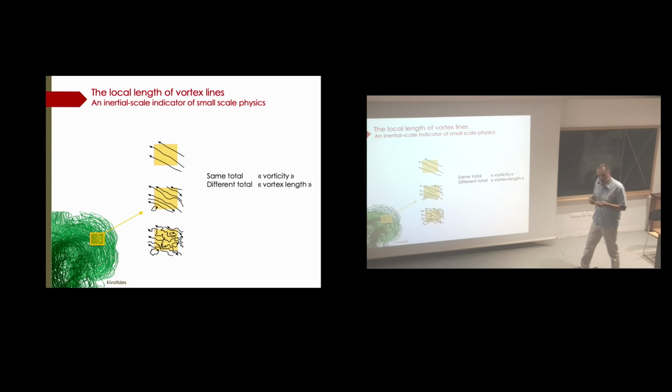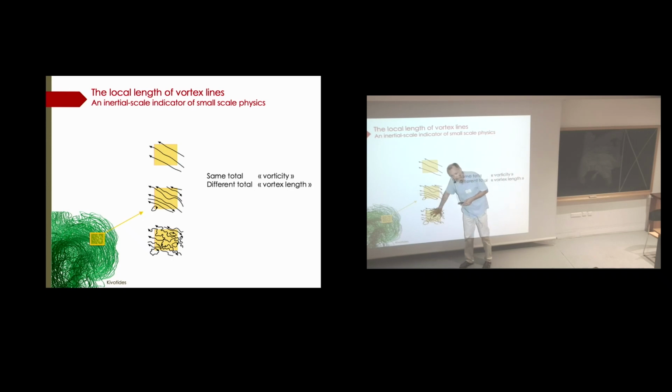So to be more precise, let's take a tangle like that, and if you look at it at some scale, you can see these three sketches have the same polarization, the same average vorticity, but they have different vortex line density. The standard approach is to say that if your probe has this resolution, it averages out all the things which are in the box. In this case, you get, for example, the vorticity.